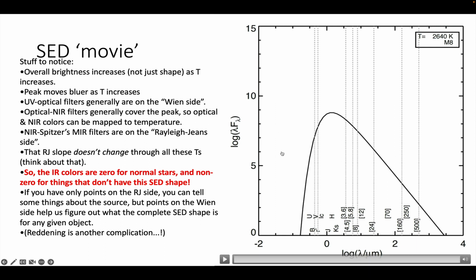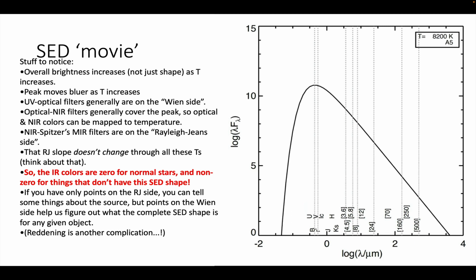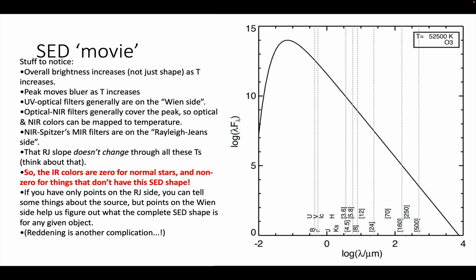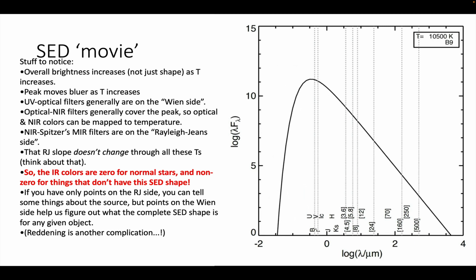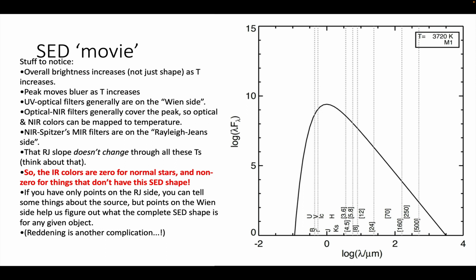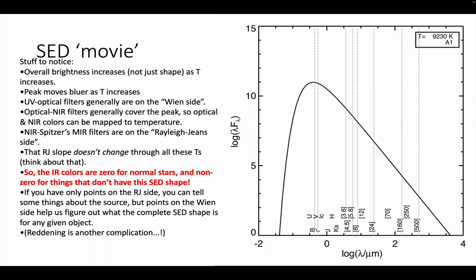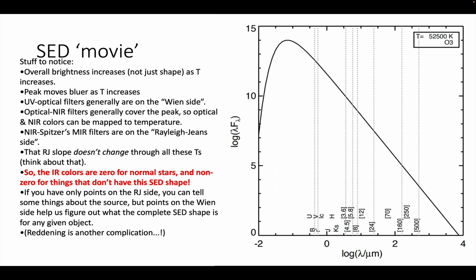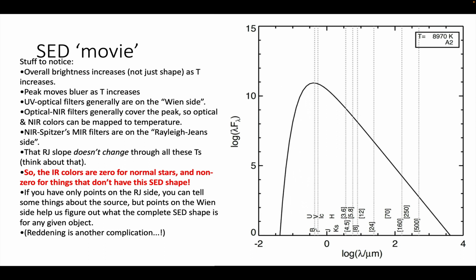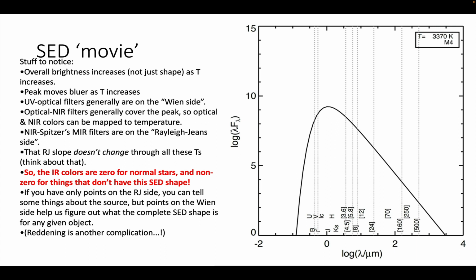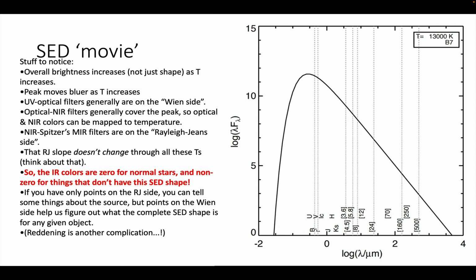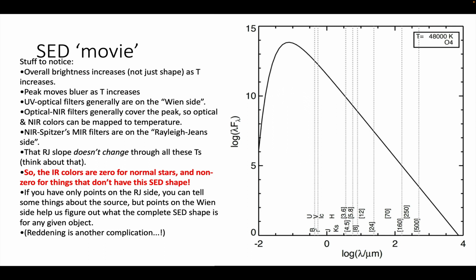So the IR colors are zero for stars that don't have dust around them. So for anything that doesn't have zero infrared color, they must not have this SED shape. Look at that. We've already learned something. We've figured out that infrared colors that are not zero are going to tell us about things that don't look like stars without dust. That's going to be a really powerful thing.